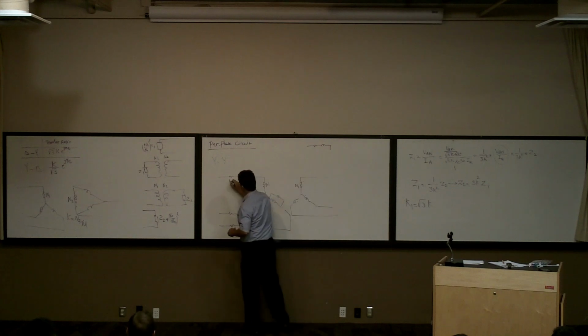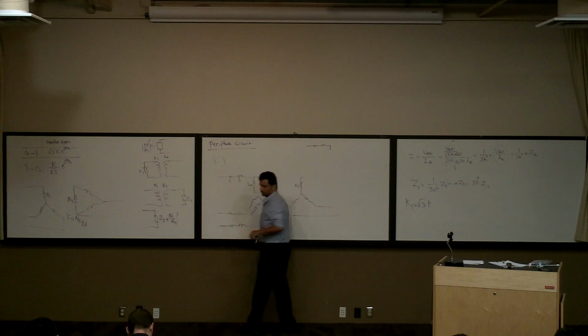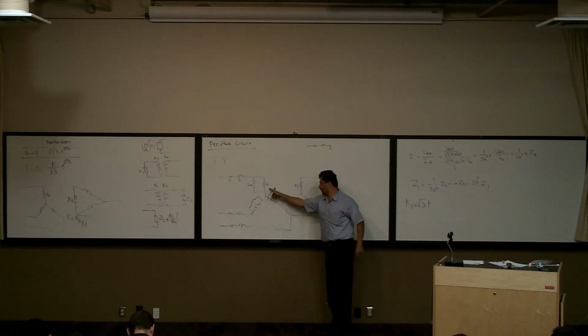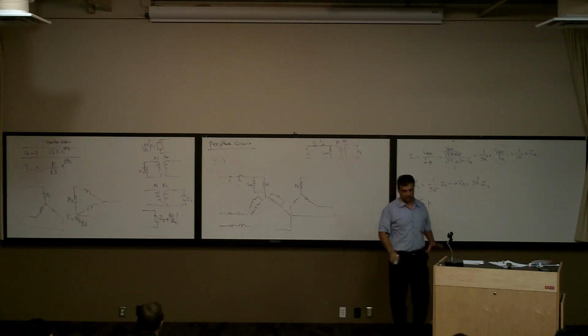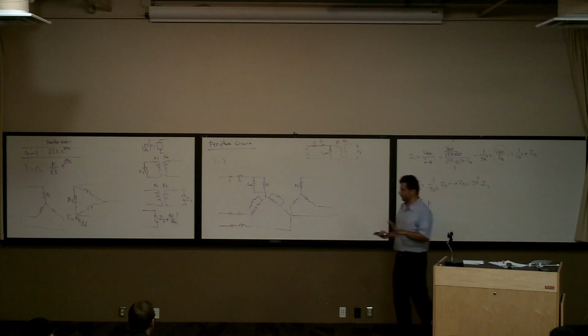But let's say this is the R1, L1, and Lm. These are Lm. And this is the ideal transformer. Look at here. This is the ideal transformer. Remember when we had the transformer, it was like this, right? This is what we had from before, right? So I draw every phase like that.